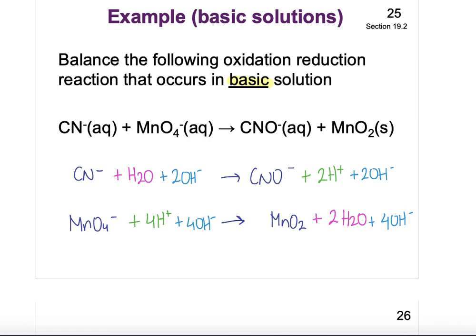And I can do that kind of easily here because I can delete. So basically these two right here combine to form 2 waters. And if you don't mind, I'm just going to go and delete them and combine them into a total of 2 waters.